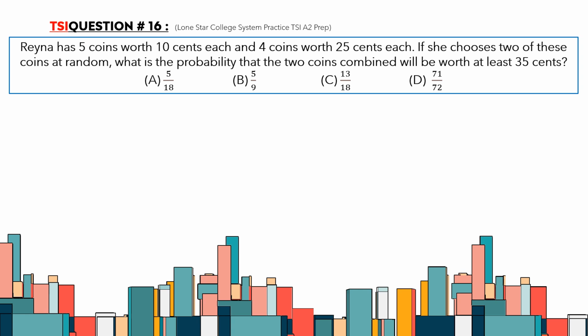Rina had 5 coins worth 10 cents. Okay, and 4 coins worth 25 cents.